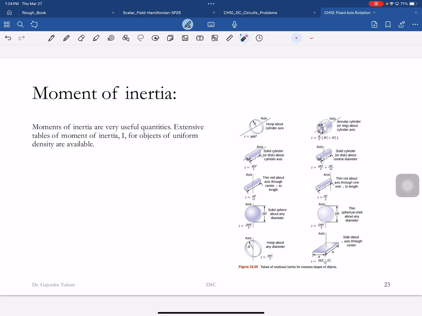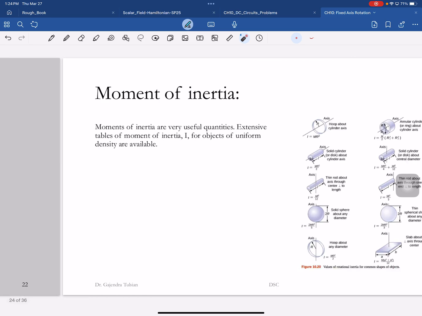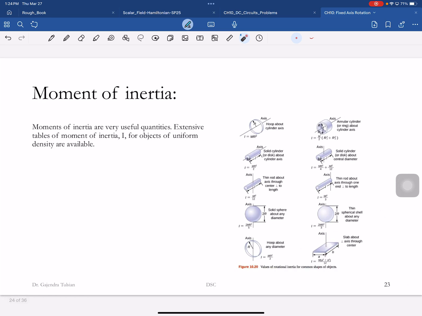Why is that? Because that was the integral they could do easily. What if, for some application, you wanted to find the moment of inertia about this axis? Well, that integral is harder to do.